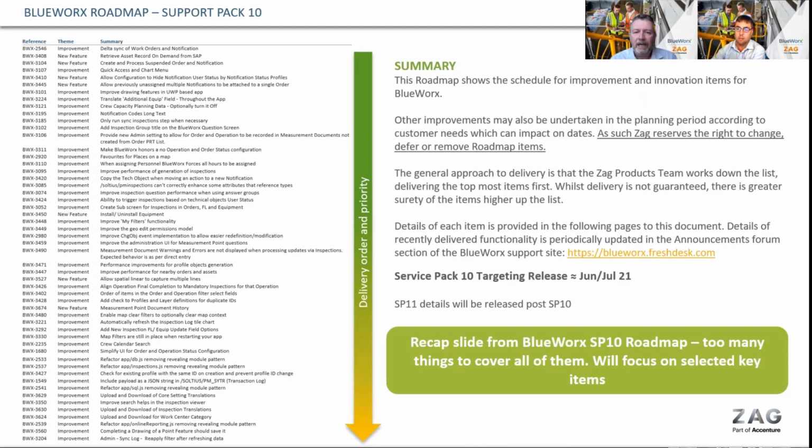So the roadmap that we have is the key driver for what we release in each of our support packs. It's derived from a combination of our own design thinking and from a lot of requests from you, the customer. These get reviewed and prioritized for delivery based upon the strategic direction of where we want to take BlueWorx and the assessed value to our customer base.